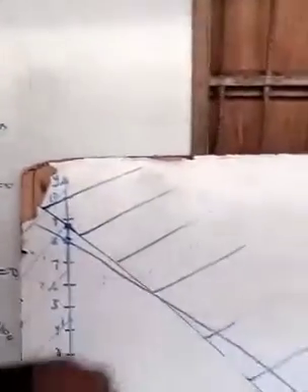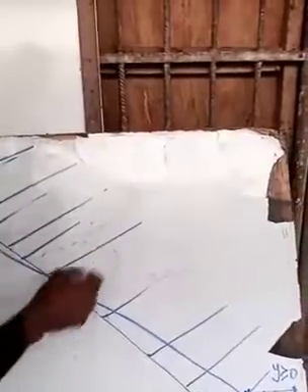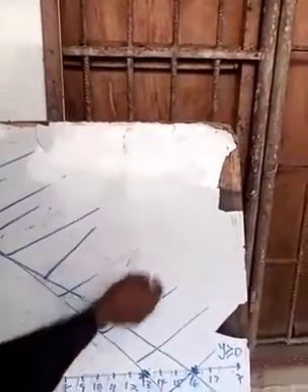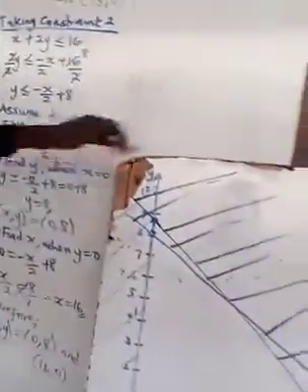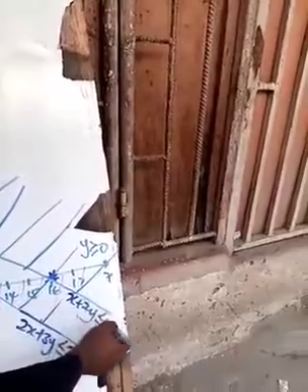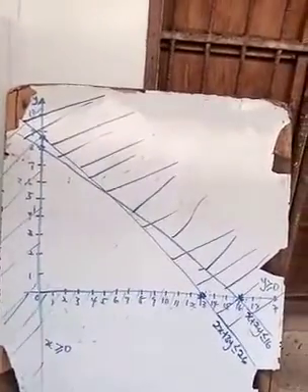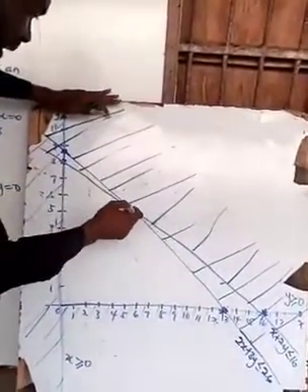So that means you are interested in this part, so you shade the part that we don't need. Then you represent the inequality. The inequality is x plus 2y less than or equals to 16. You write the inequality close to the line. Now the solution is the part that is not shaded at all.